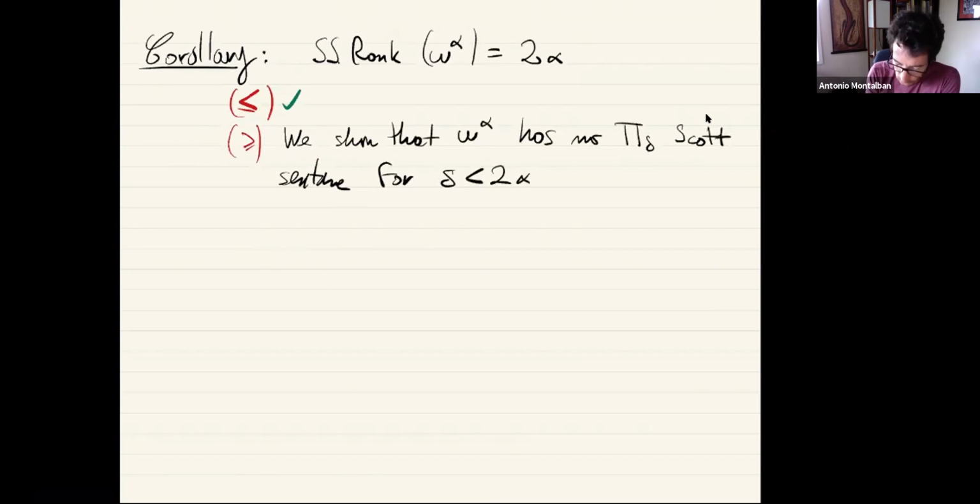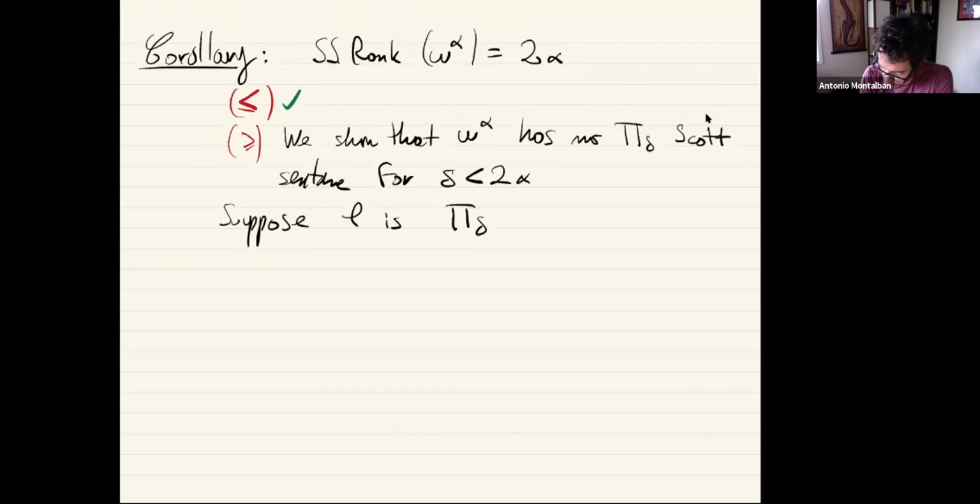How do we do that? Suppose phi is pi delta, and delta is below 2 alpha.